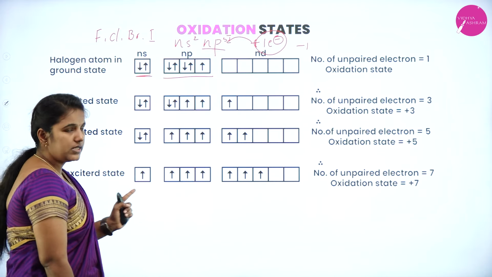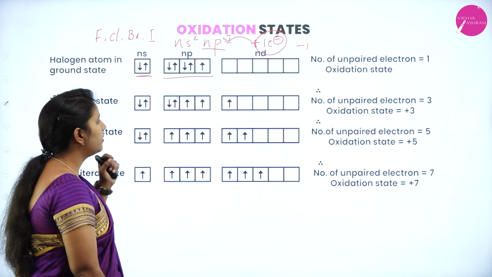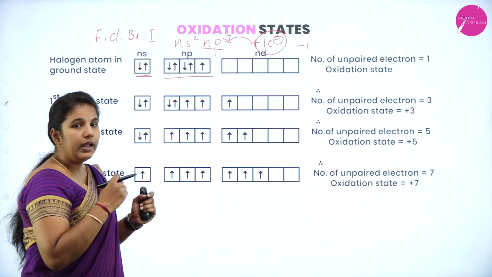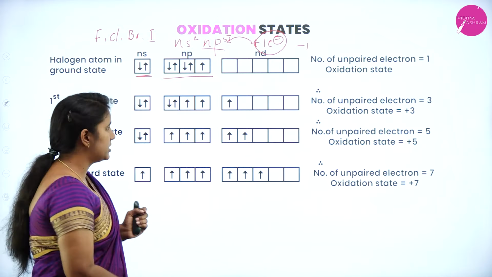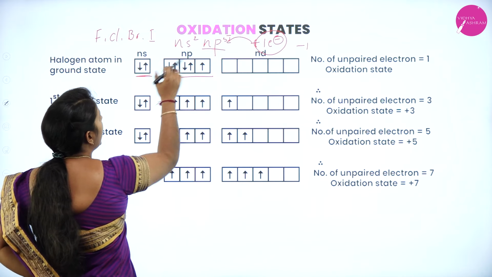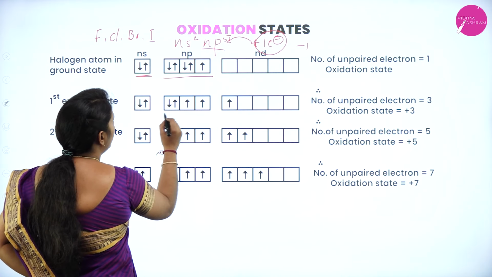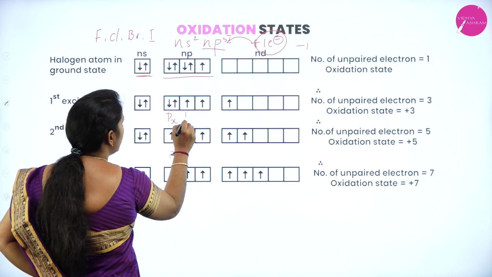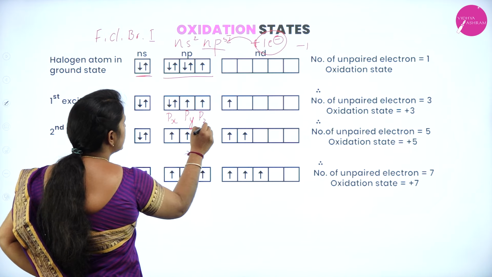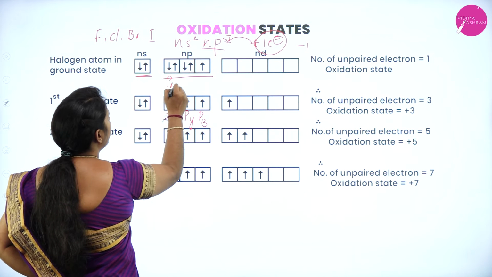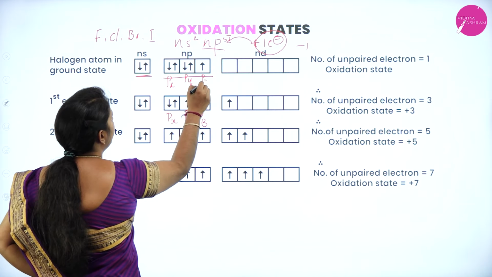If you consider chlorine or bromine or iodine, in the first excitation state, you can see that in the np which consists of 5 electrons, in that the Px, Py and Pz. This is again Px, Py and Pz.